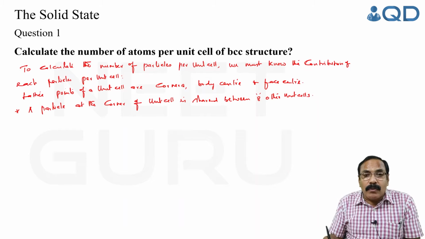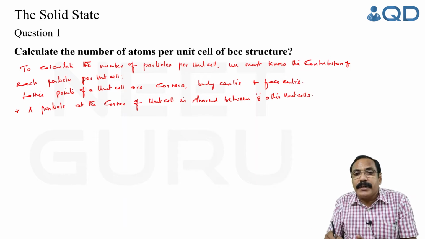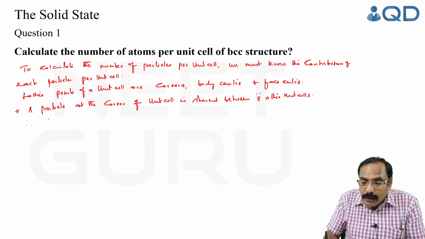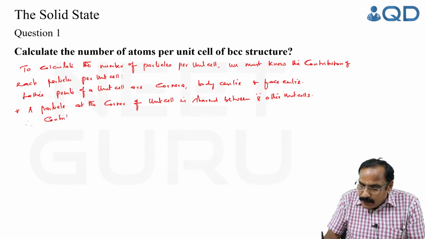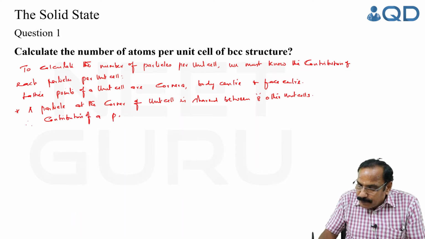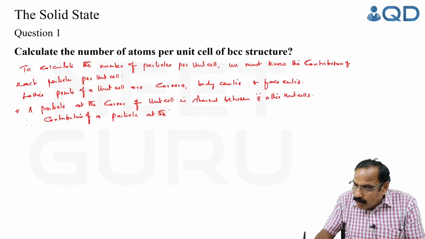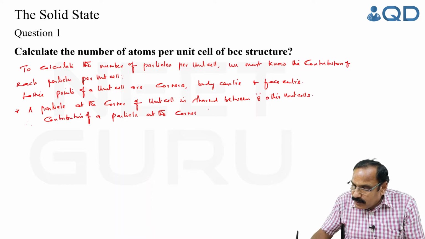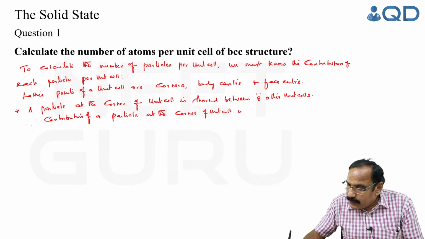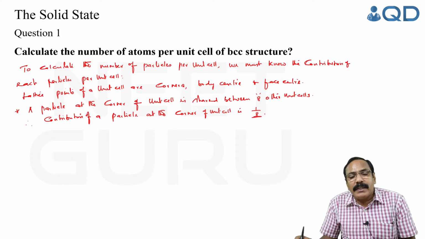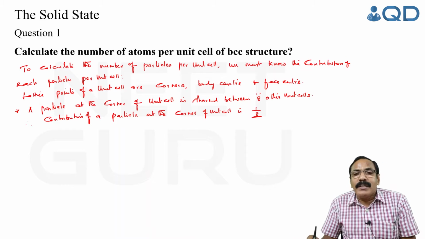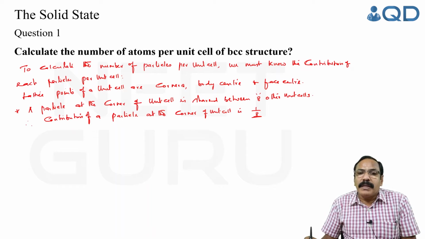So, a particle at the corner of the unit cell is common to 8 others. Therefore, the contribution of a particle at the corner of a unit cell is 1 by 8. So, out of 8 corner particles per unit cell, the contribution is 8 into 1 by 8, only 1.